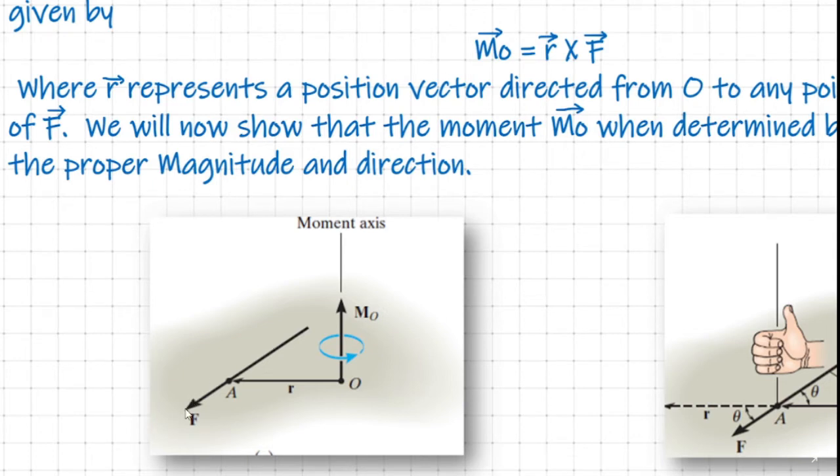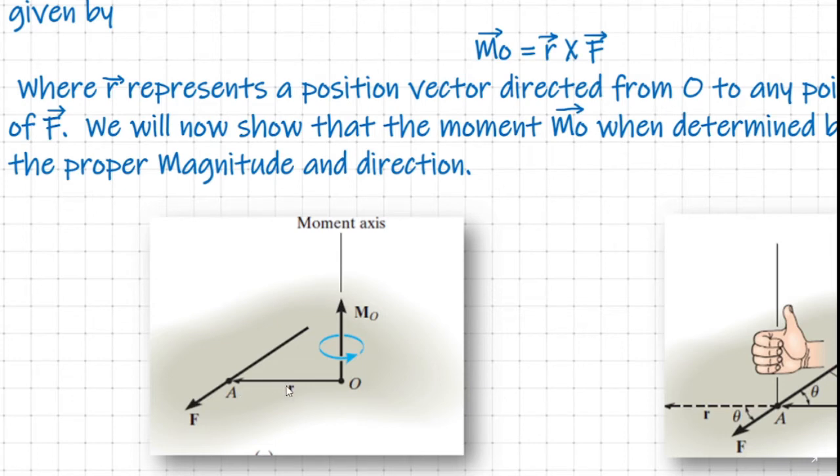We would like to calculate the moment of this vector F about the point O. As you can see here, the position vector R is drawn from the point O, about which the moment has to be calculated, to any point A on the vector F. That is very important.